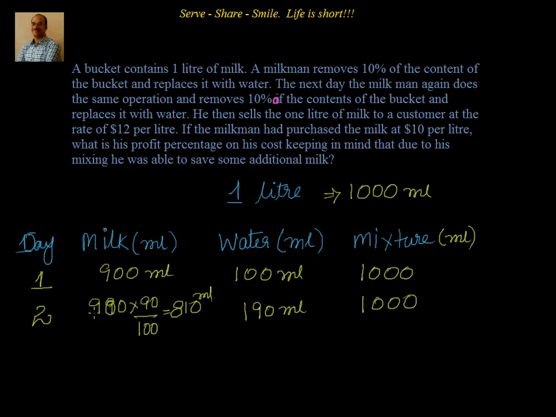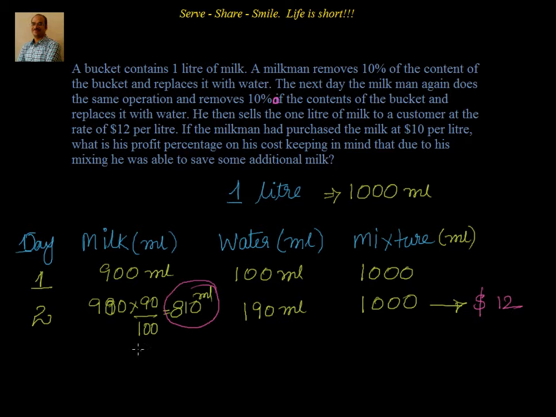After the second day, the bucket has only 810 ml of milk and the remaining is water, and he sold it for $12. He is saying, 1 liter of milk I am selling for $12. I purchased it for $10, and if I sell it for $12 I will get a profit of 20%. But he is wrong, because he is not selling 1 liter of milk, he is selling only 810 ml of milk.